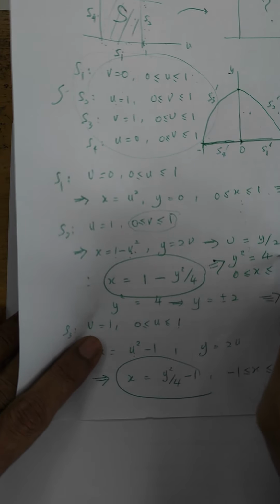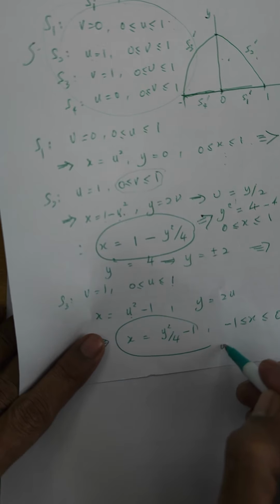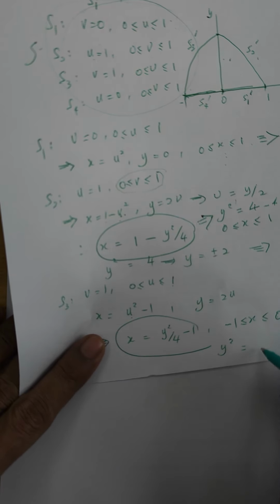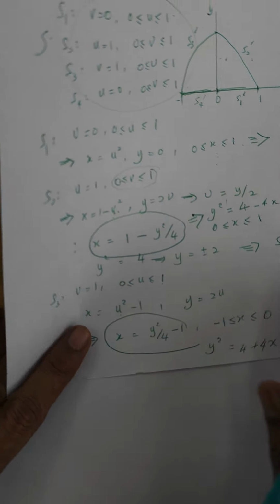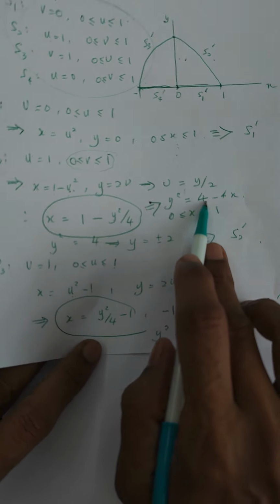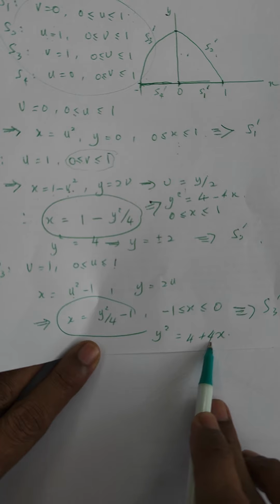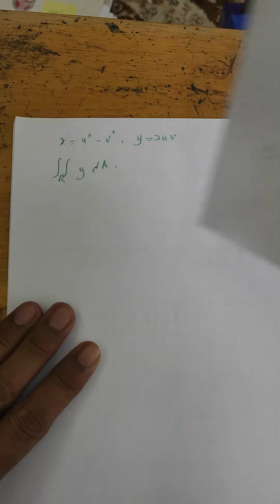Yeah, 4 minus 4x. And this one, y squared equal to 4 plus 4x. So that one is y squared equals 4 minus 4x, and this one is y squared equals 4 plus 4x.